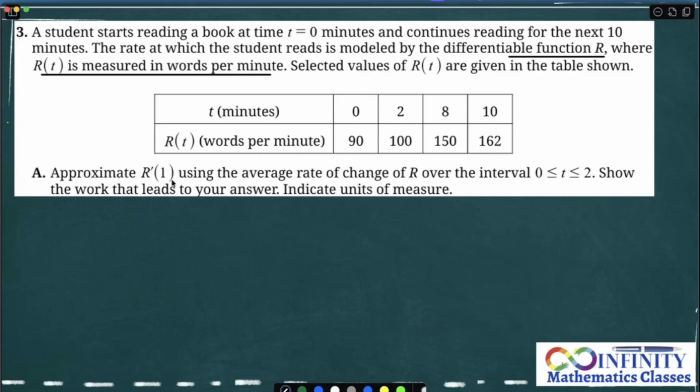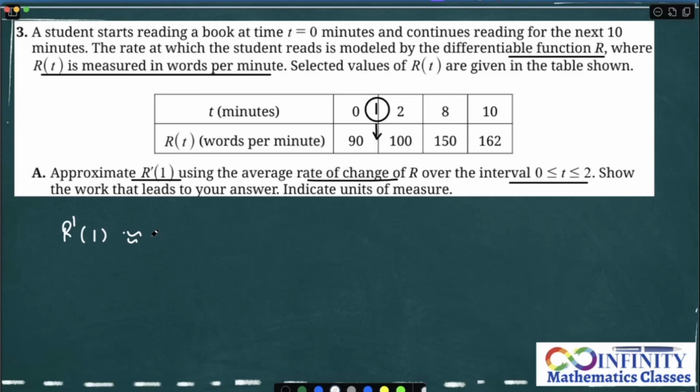The first question is you need to approximate R prime of 1, that is, the rate of change of reading per minute when time is 1, using the average rate of change over the interval 0 to 2. So I hope 1 will be somewhere here. Am I right? So if 1 is here, I should be using the interval 0 to 2 to approximate R prime of 1.